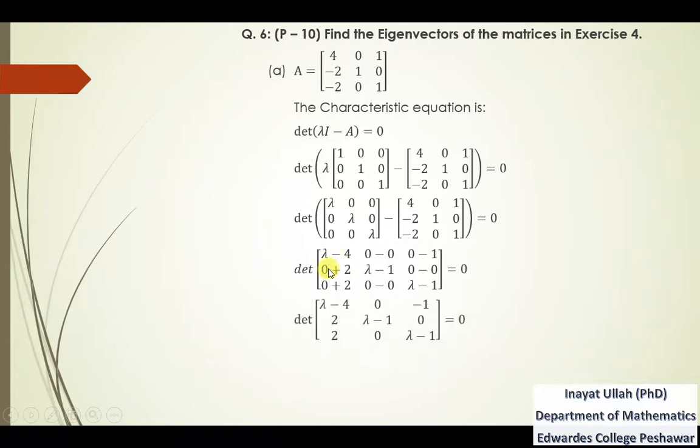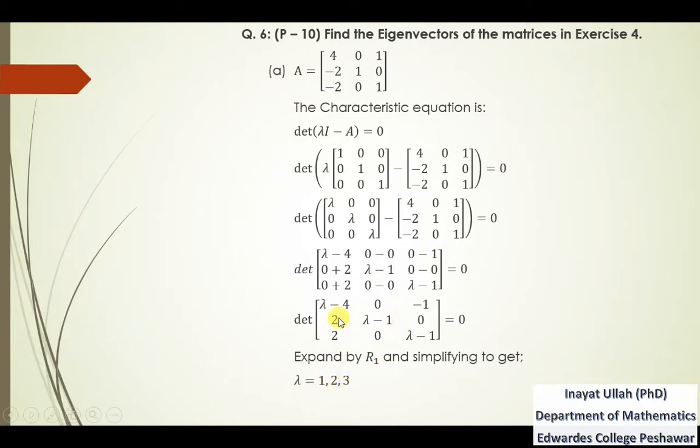So what is the determinant of this matrix? We need to expand this matrix by the first row. Whenever you expand this matrix by the first row and simplify, as studied in the previous lectures, we'll get lambda equal to 1, 2, 3.